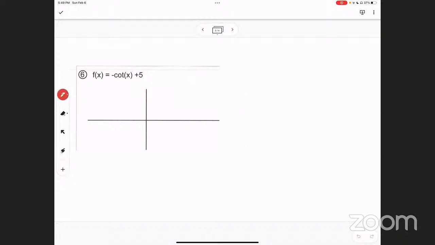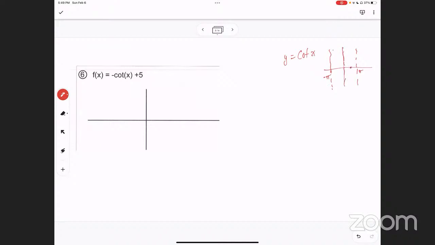And the cotangent graph, remember the normal cotangent graph, I'm going to draw it up here. Cotangent of x, y equals cotangent of x, it looks like this. It's got asymptotes at pi and at negative pi. And it goes this direction. I'm sorry, 0 also.